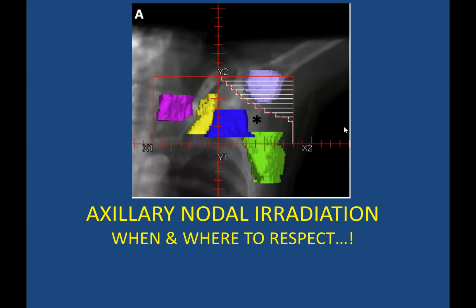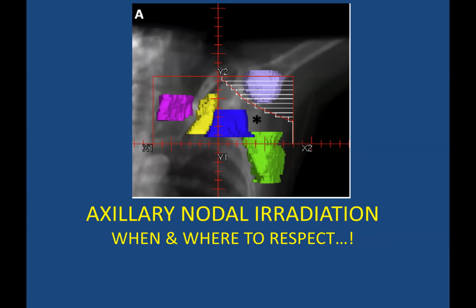which is received. And moving on to the more important toxicity reduction of lymphedema, how can radiation oncologists contribute to the principle of nodal irradiation, when and where to respect? The most important point is to try to limit the axillary treatment either with the surgical modality or with the radiation modality.